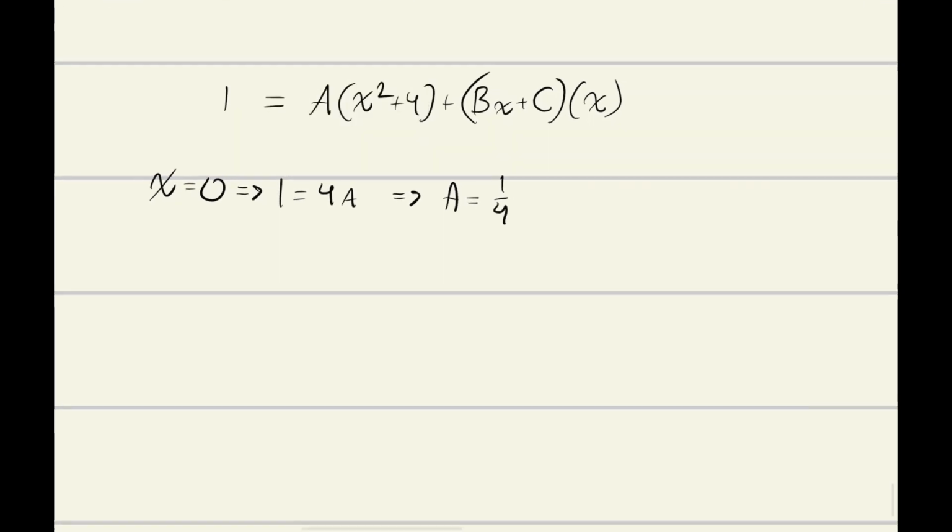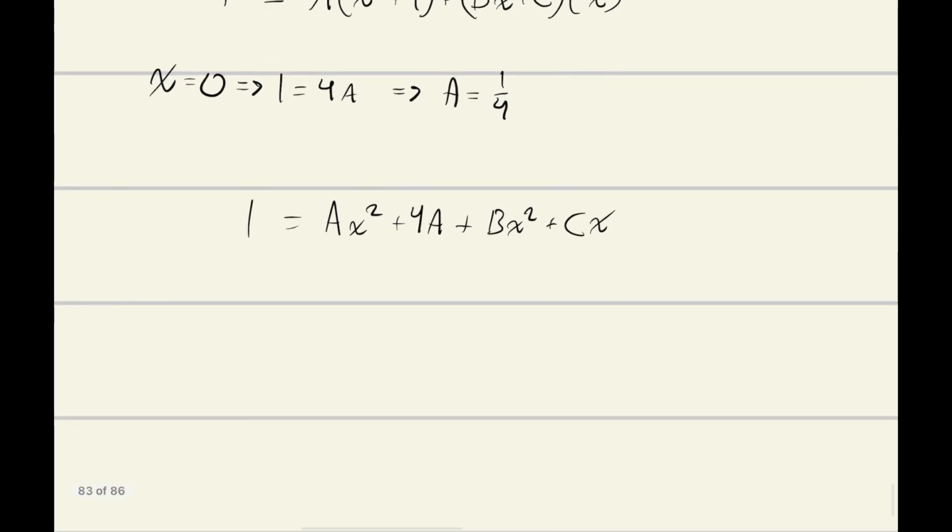Now we can go ahead and FOIL, so we get 1 is equal to ax squared plus 4a plus bx squared plus cx. Then we can group together our like terms. We get (a plus b) x squared plus cx plus 4a.